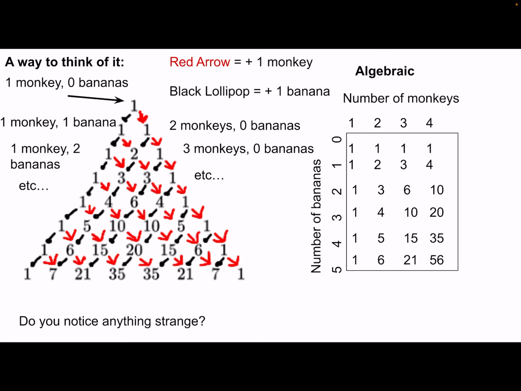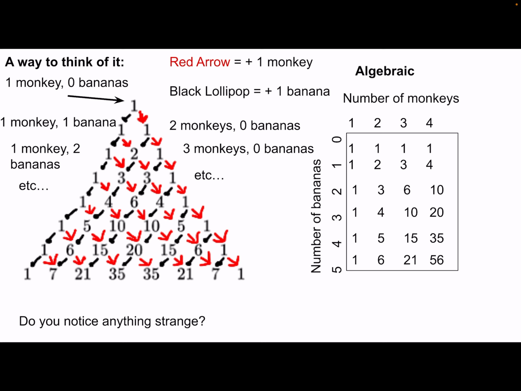This means that whichever number is on Pascal's triangle is the number of ways you can distribute the amount of monkeys and bananas to get to that place.